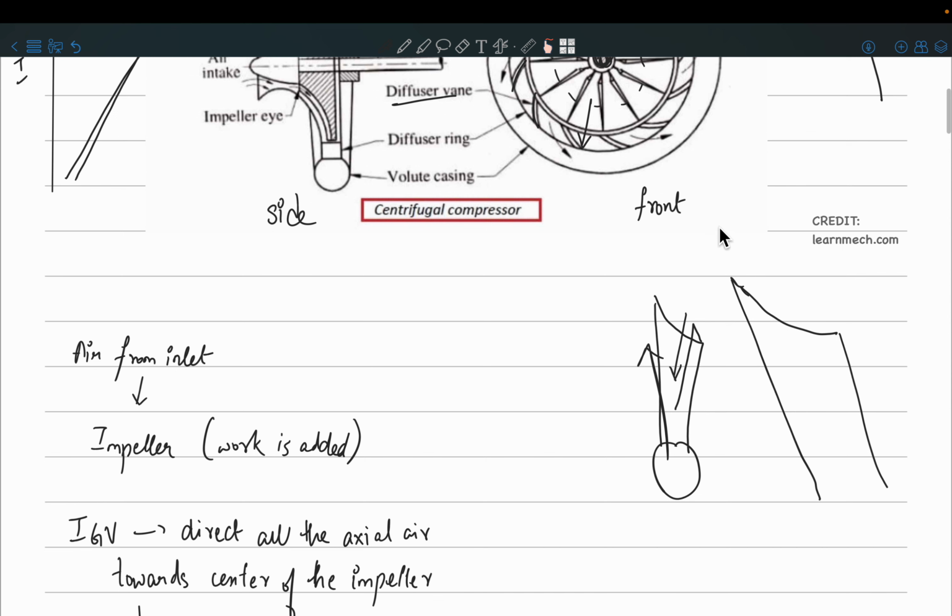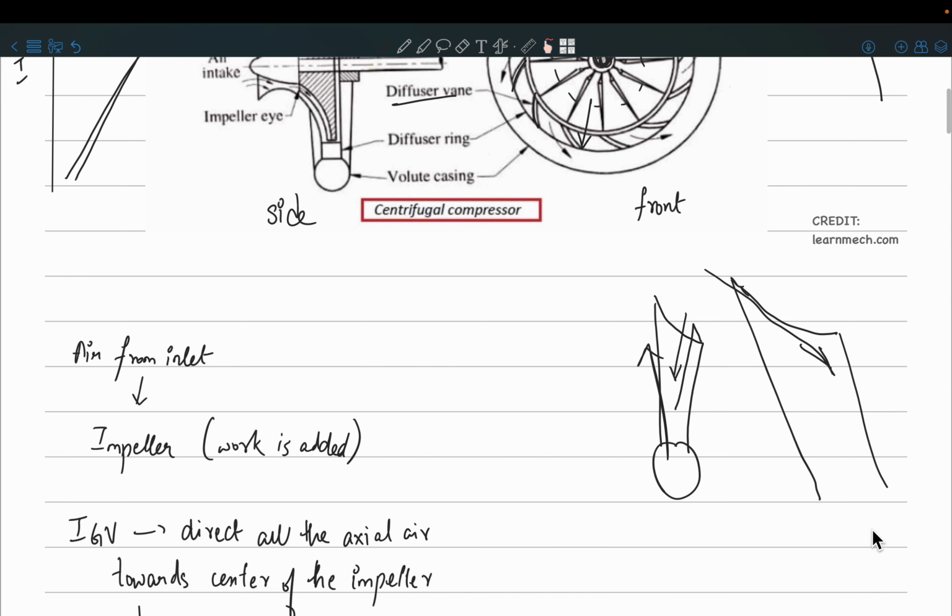Anything coming in the axial direction from the outside will be induced like this. You are seeing the direction in which it is being induced towards the center. Until the centrifugal action pushes the air outwards, if there is no rotation and you just bombard this impeller with air, this inducer is simply going to guide it towards the center.